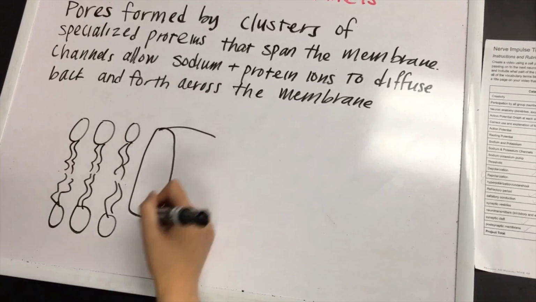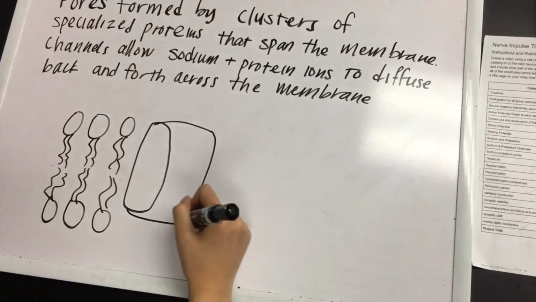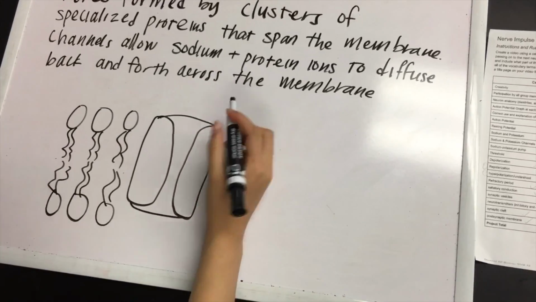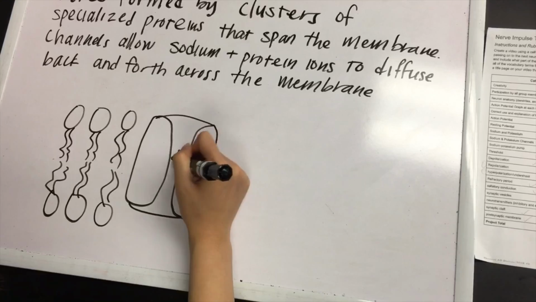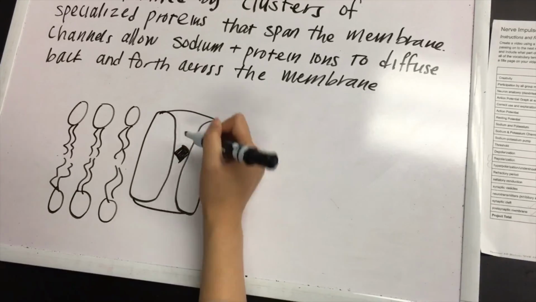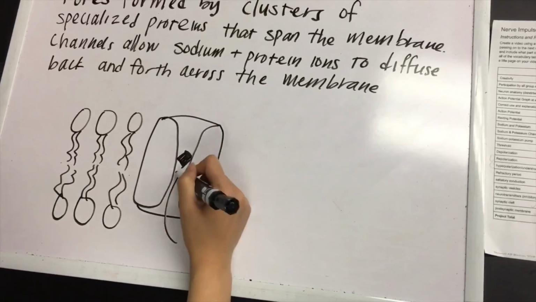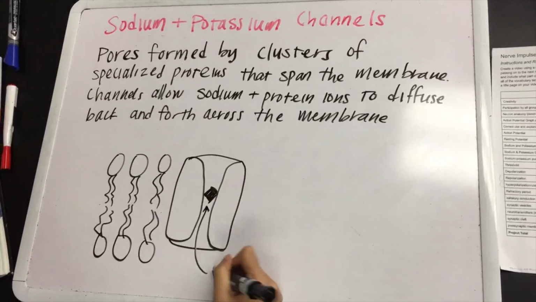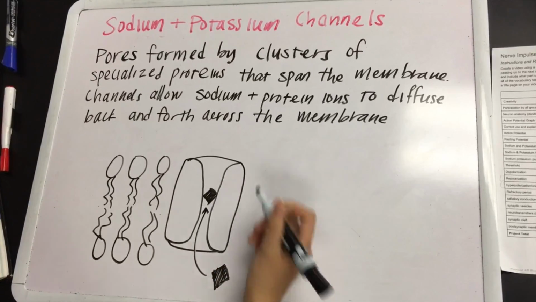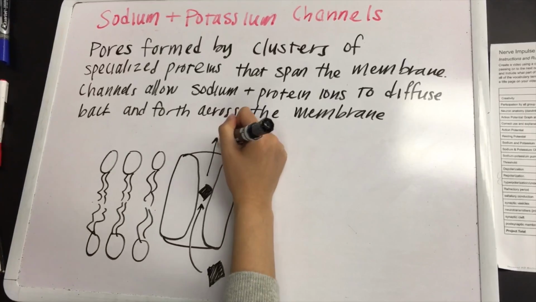The ions carry units of electrical charge as they diffuse through channels. The net movement of positive or negative charges will generate a voltage or potential across the membrane. In a resting neuron, there are many potassium channels open, but very few sodium channels that are open.